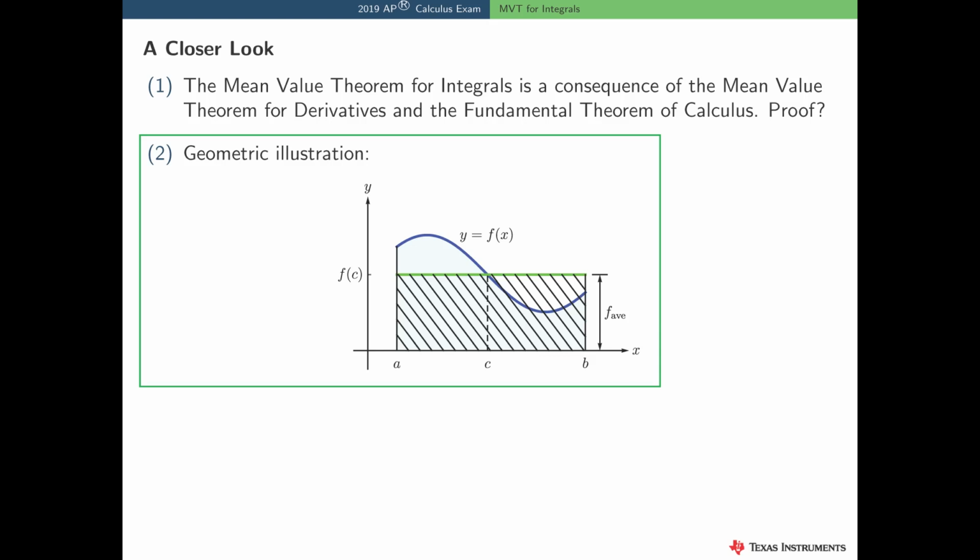So you can always sort of chop off the top of the two-dimensional mountain at a certain height and use it to fill in the valleys so that the mountaintop becomes completely flat. Now, truthfully, this figure doesn't look much different from the previous figures. The difference here is that we are guaranteed that there is at least one number c in the interval a to b, so that f of c is equal to the average value of the function.